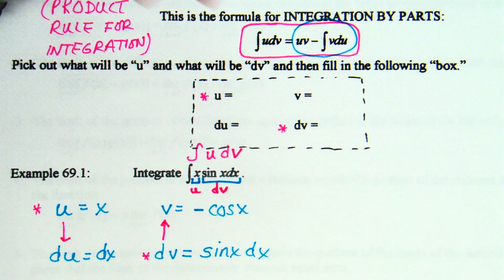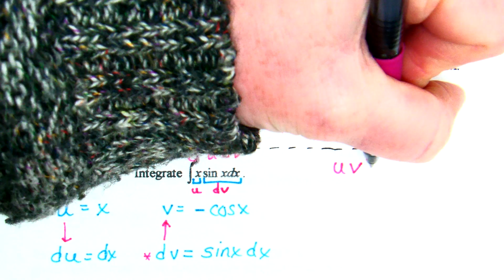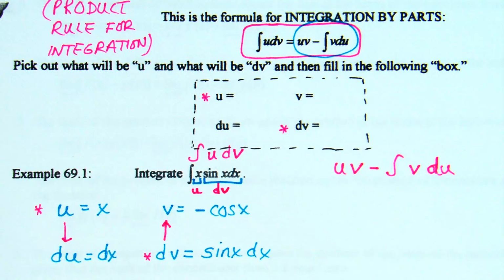Because now we're going to go over here and fill in our formula, which is uv minus the integral of v du. So, uv.